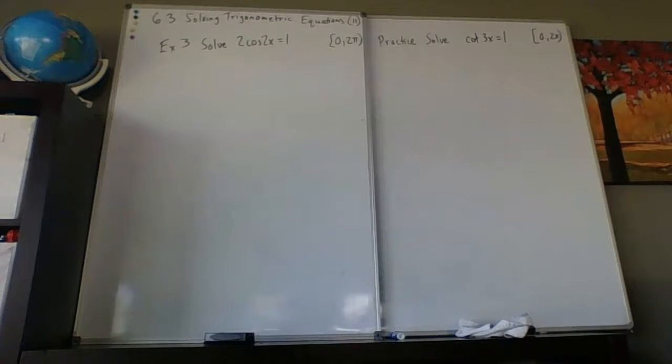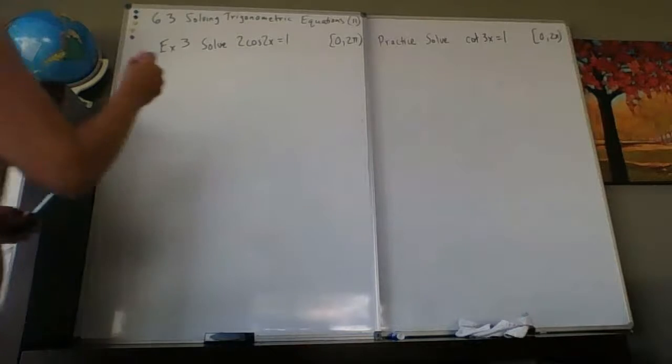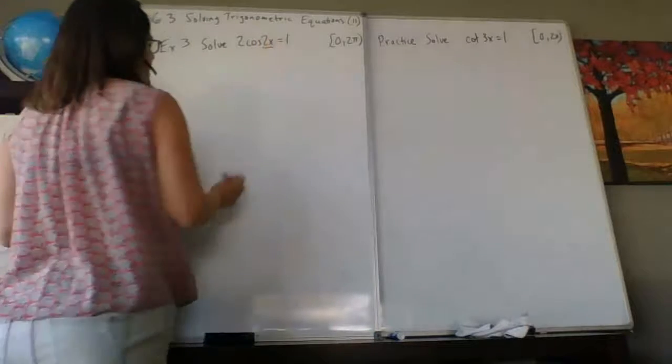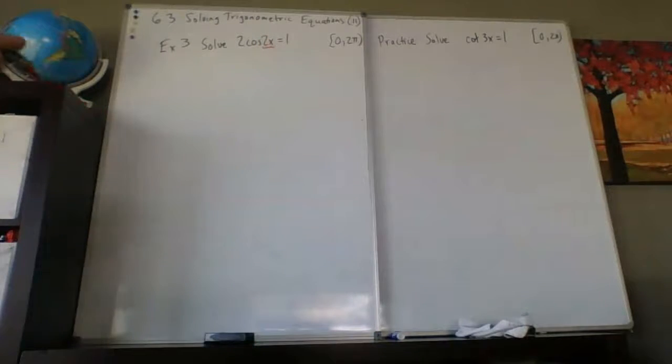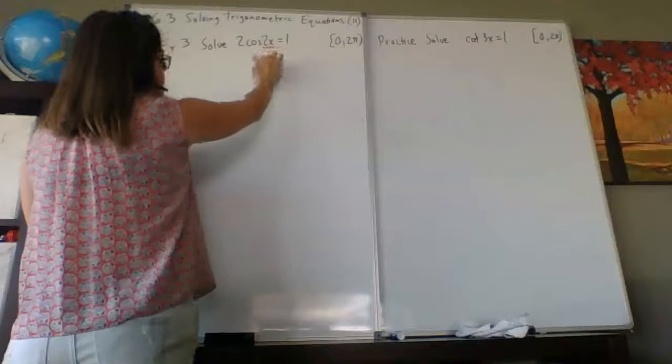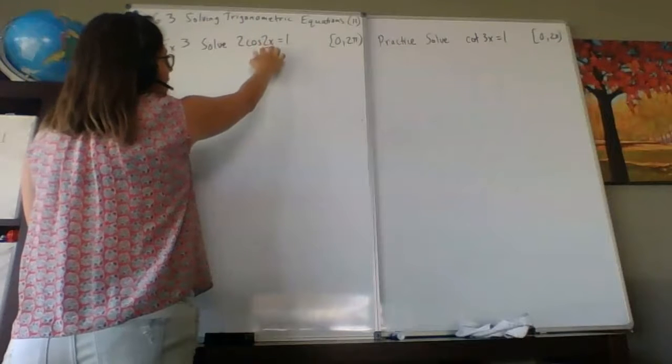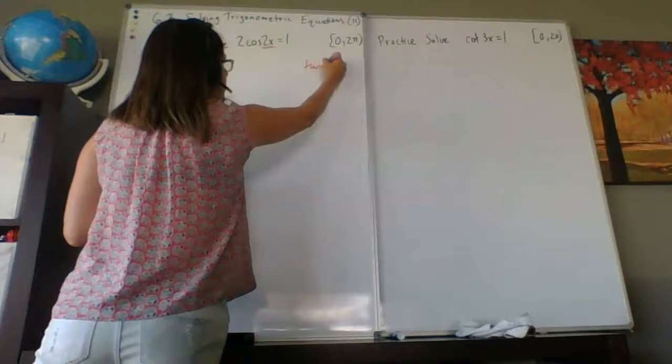Notice this is different than what we saw in example 2 because we only have a 2x as an input into our trig functions. So when you only have a 2x, we are not going to use a double angle identity. Instead, we will solve for cosine of 2x. Anytime we have a 2 multiplying by x, we're going to get twice the number of solutions.